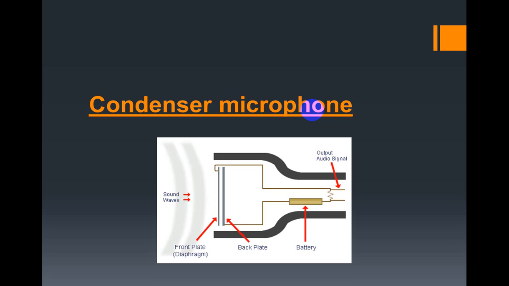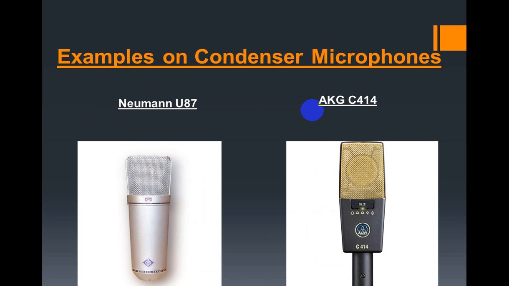The movement of the diaphragm varies this voltage based on the varying air pressure. This voltage is the audio signal that is then transmitted to the audio interface. The most famous examples of condenser microphones are Neumann U87 and AKG C414.